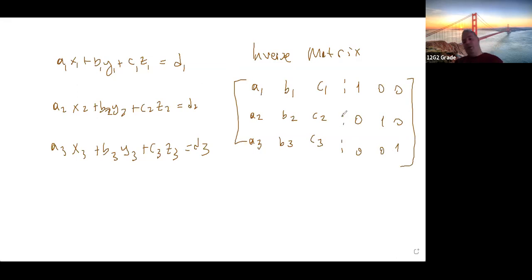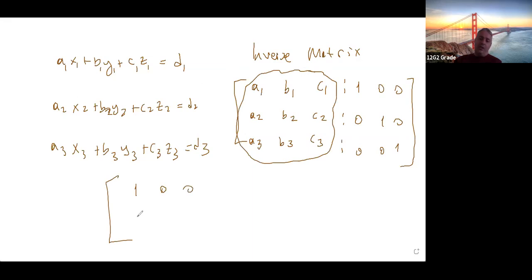And then I will use row operations, and then here, instead of these numbers, I will get 1, 0, 0, 0, 1, 0, 0, 0, 1. So when I get this, for sure this part will change, and there will be numbers here. So this matrix is the A inverse.